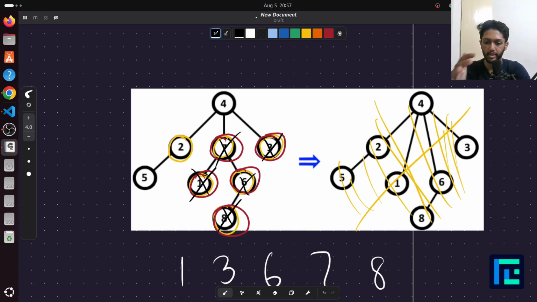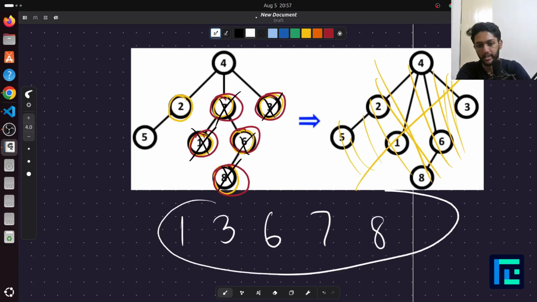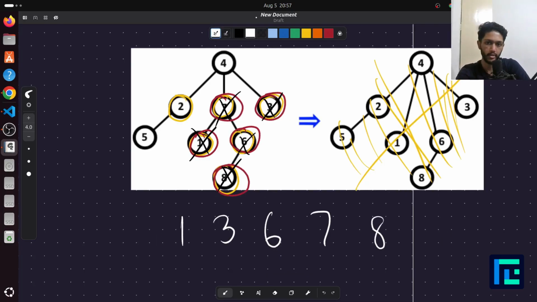One by one you will delete all of them, and since you have to delete in ascending order, if you have multiple options at some point, you delete the minimum one. That's why you just print all the initially deletable vertices in sorted order. Alright, and that's how you solve it.